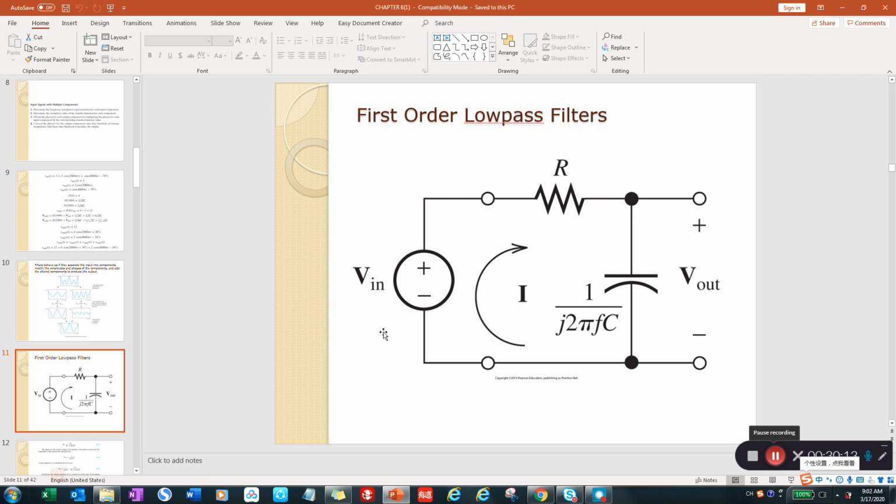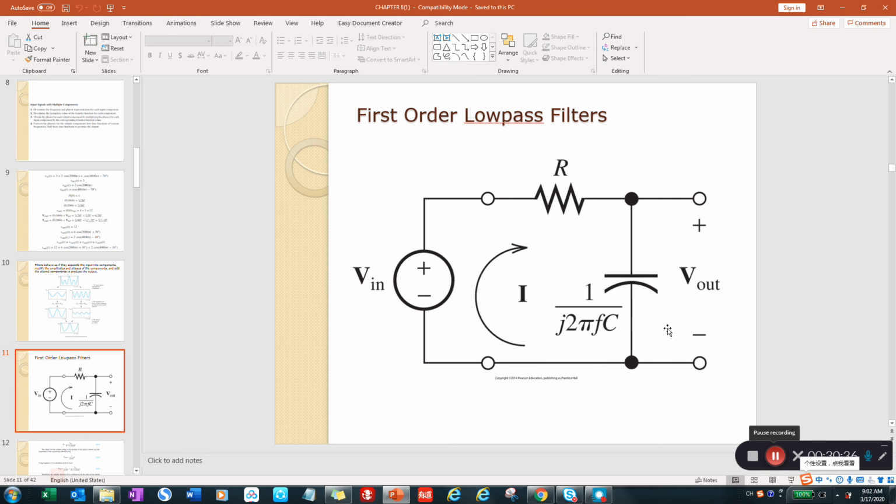The input signal is this Vin, which is the voltage signal, and the output will be our Vout, also a voltage signal. So we know that after the signal passes through the filter, the amplitude and the phase angle might change.